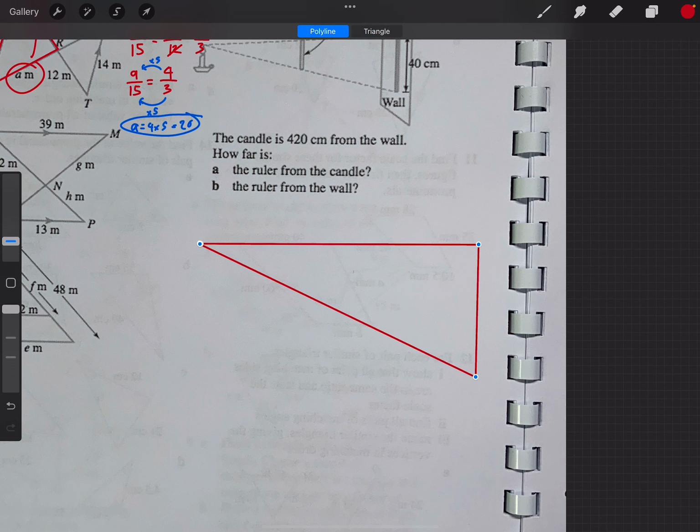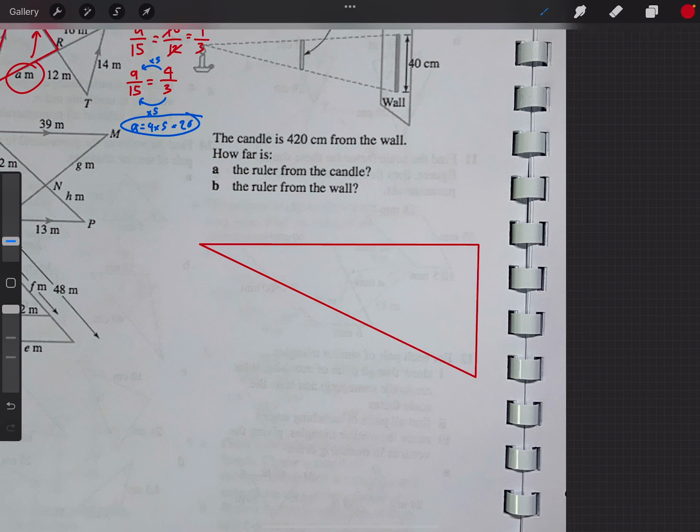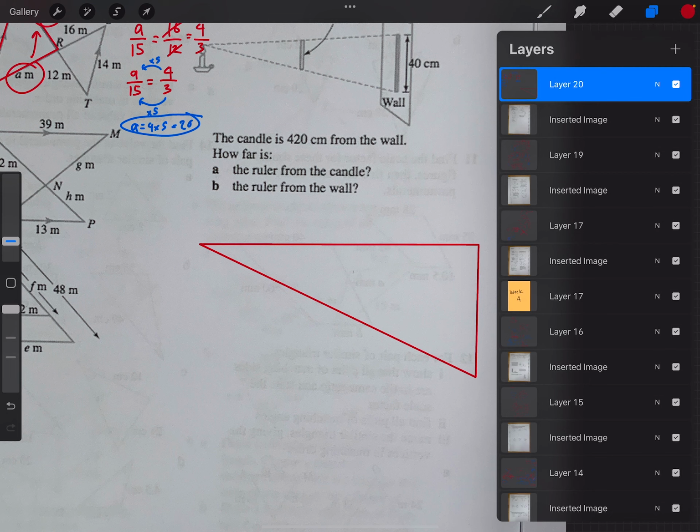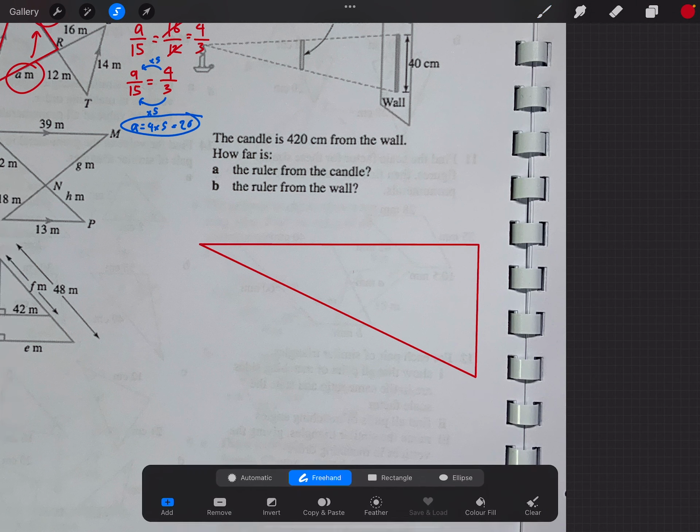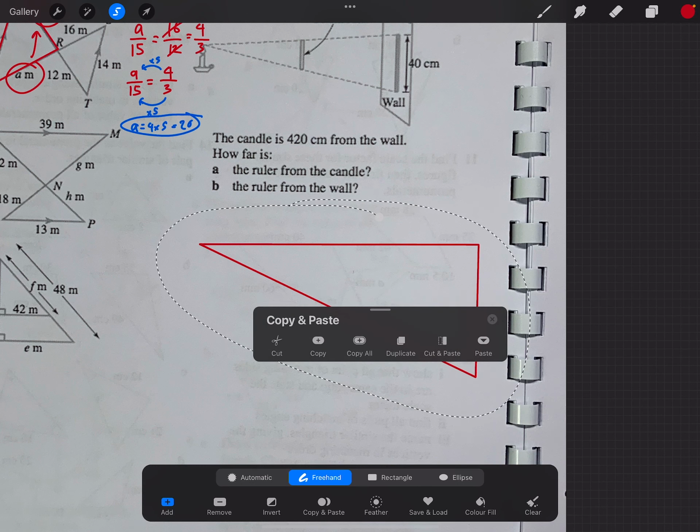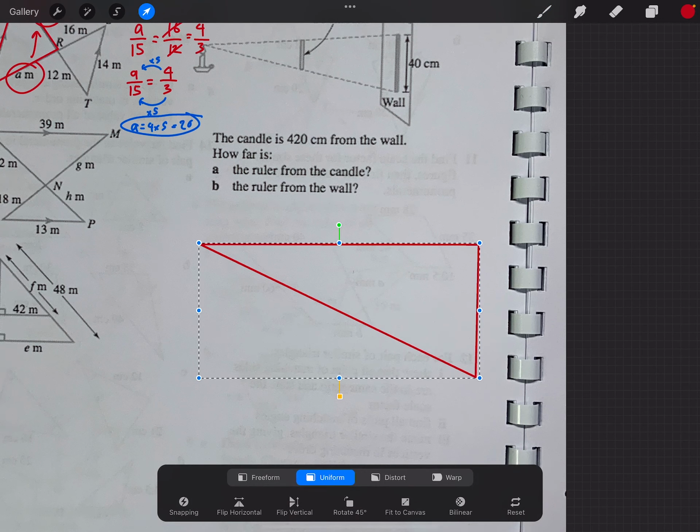Okay, that's the first triangle. Now the second one is going to be something like this. Okay, I'll move it down so you can see.